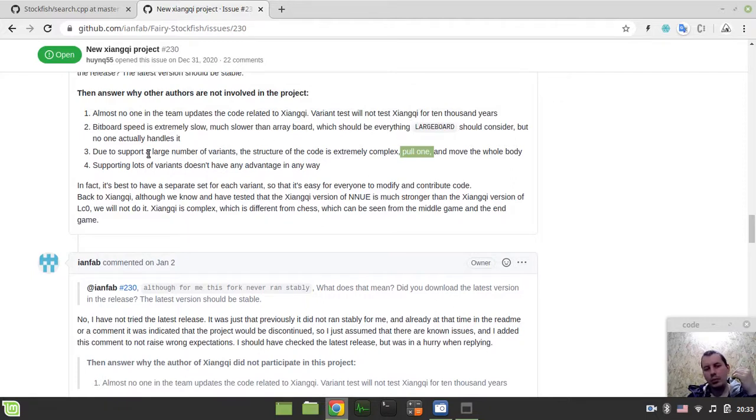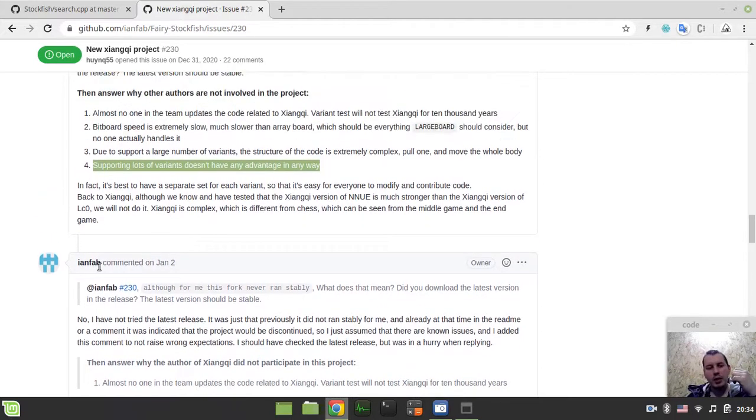So that's what Howley does and what Fabian does: everything bundled into a single engine, or working on a separate variant separately. So that's the difference. Supporting lots of variants doesn't have any advantage in any way. And this is the core misunderstanding between these two authors.